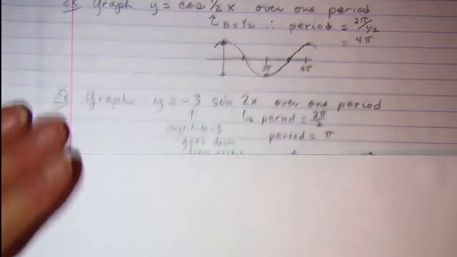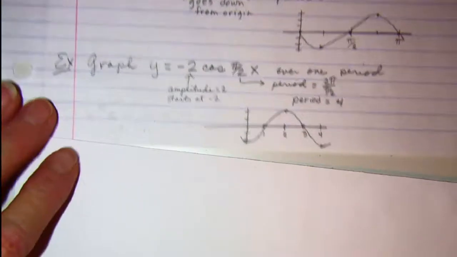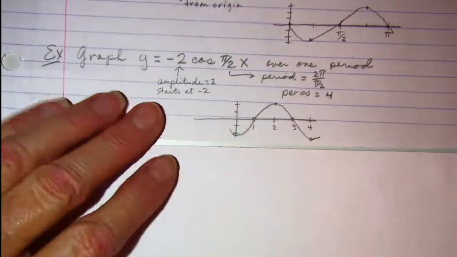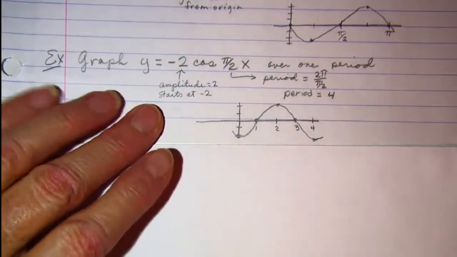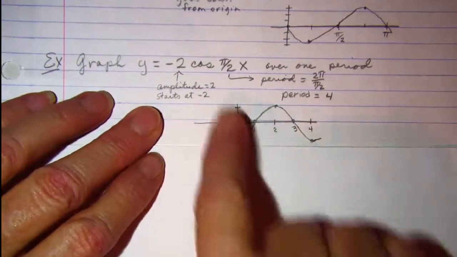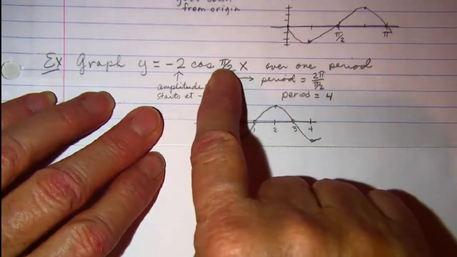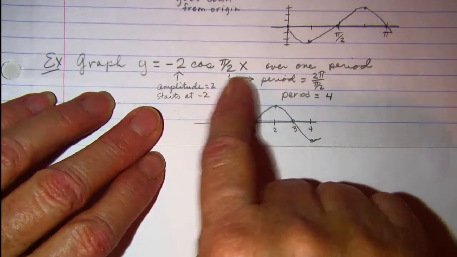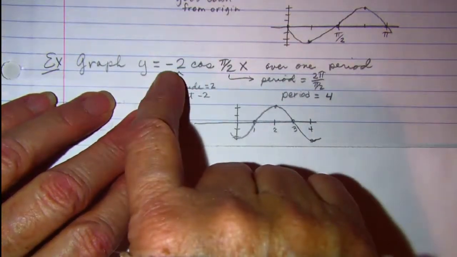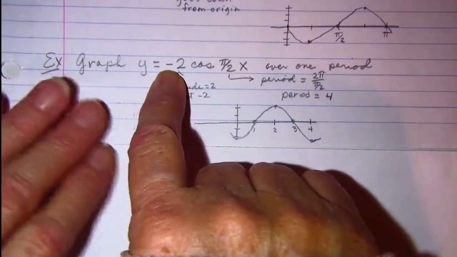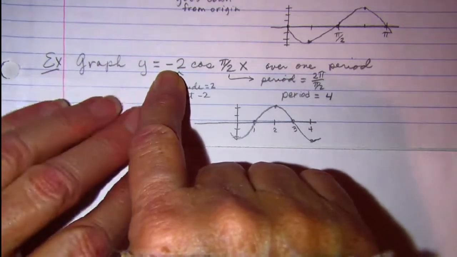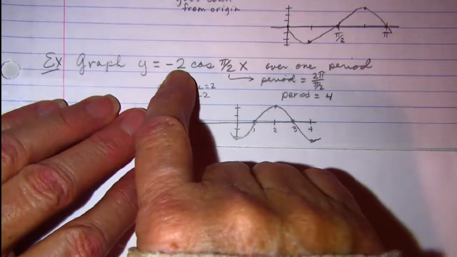One more example. I'm asked to graph y equals -2 cosine pi over 2 x. Again, the coefficient of my cosine curve is -2.